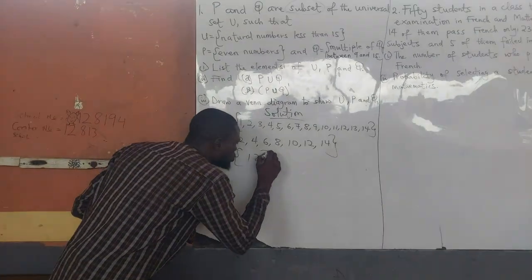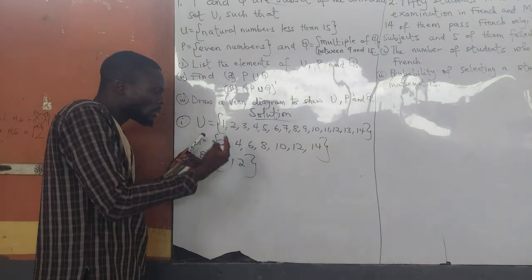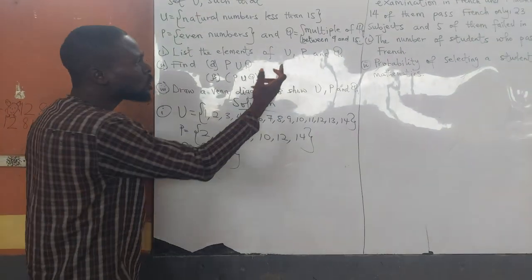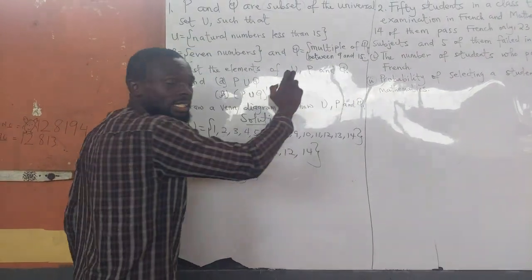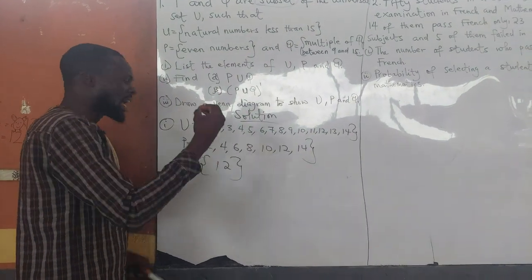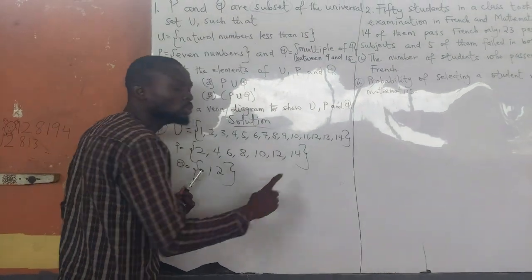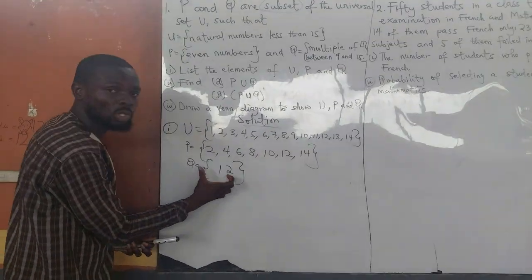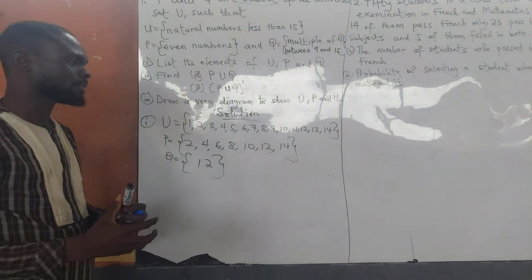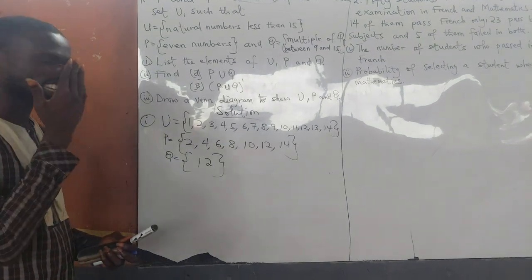That number happens to be 12. We don't have to start from 4, then 8. We don't have to list by 4. Because we have been given a condition, we have to respect the condition, and at the same time, Q is a subset of U, meaning we can see the element of Q in this set. So for the first part, we have listed the elements.